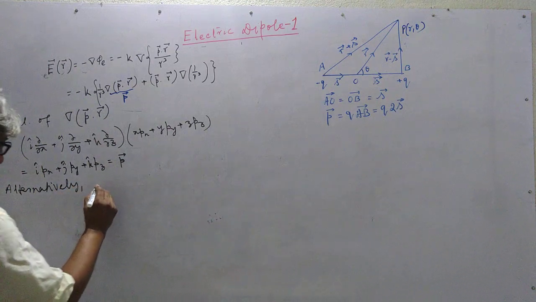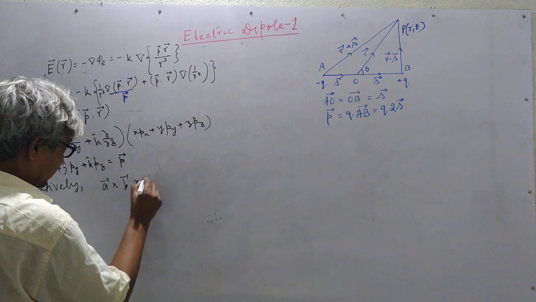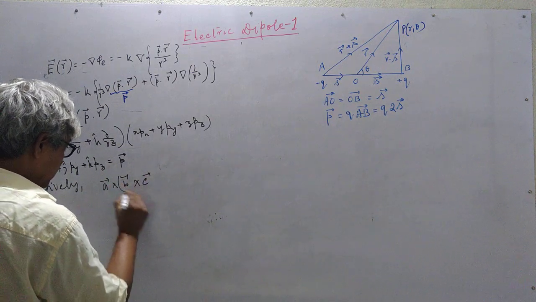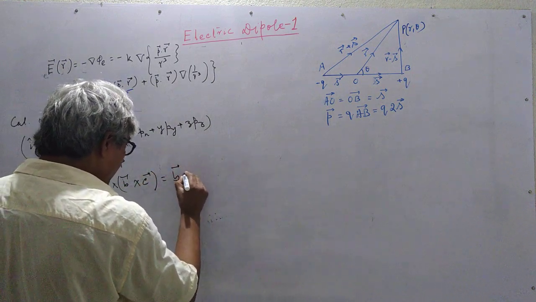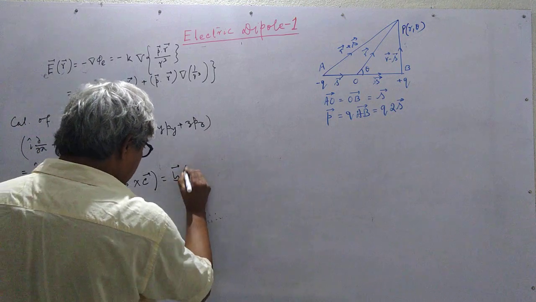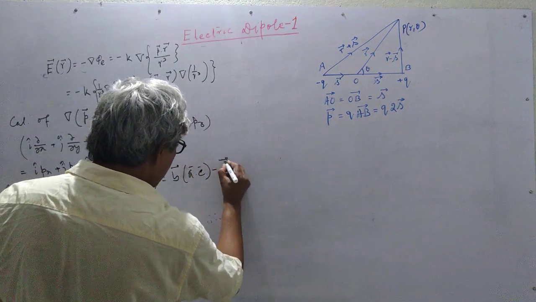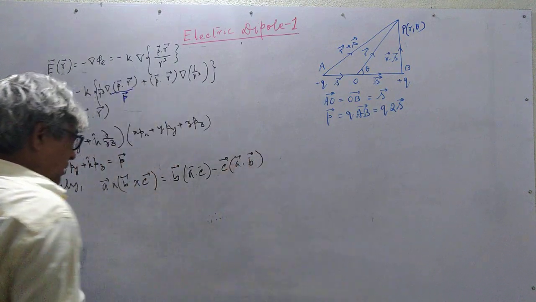Alternatively, consider the back-cab rule, A cross B cross C. This is the vector triple product.